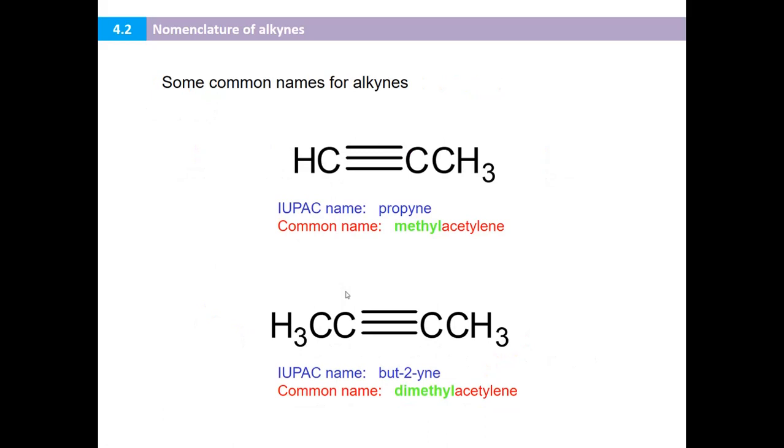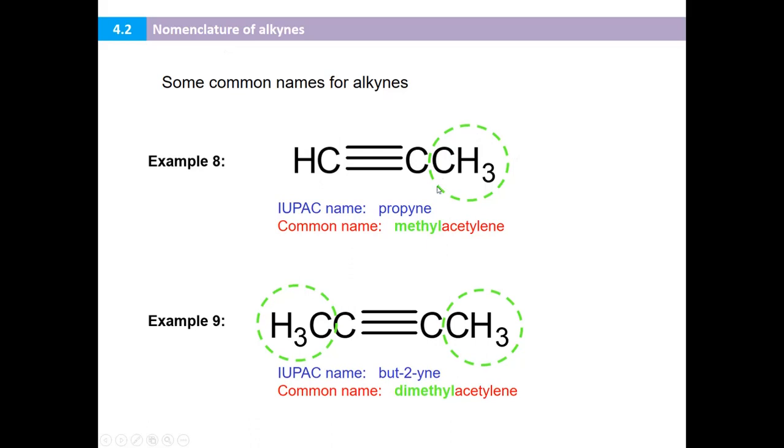And this is the nomenclature of alkyne in the form of what we call common name. Okay, what is common name? Common name does not consist of any numbering or dash. So as you can see here, this triple bond which contains 2 carbon, we name as acetylene.